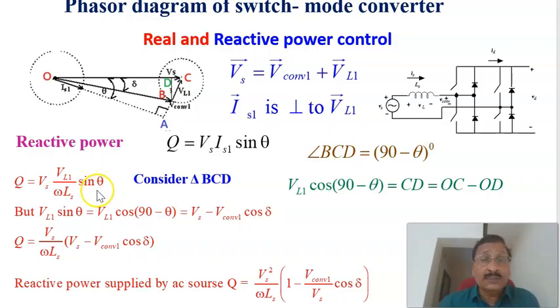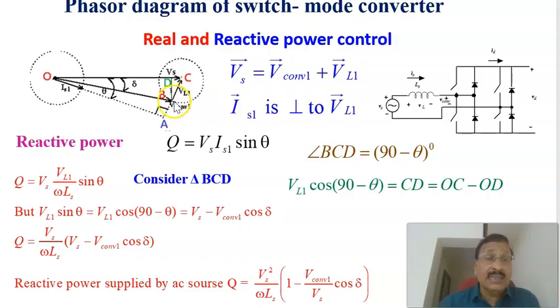Now let us see that one. We are considering this triangle BCD. In that case, the angle BCD equals 90 minus theta. Already we have seen this angle equal to 90 minus theta.